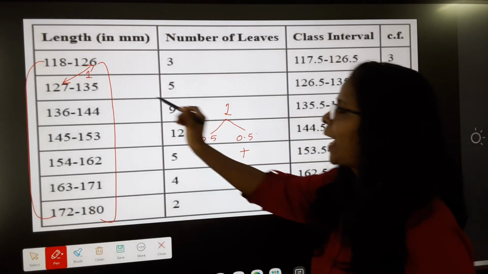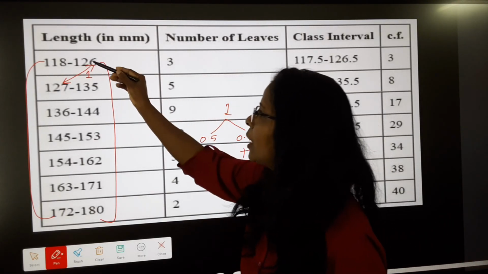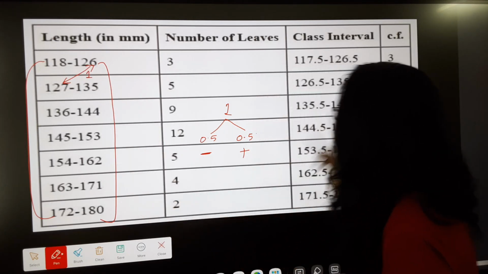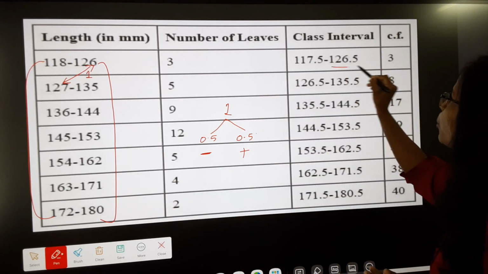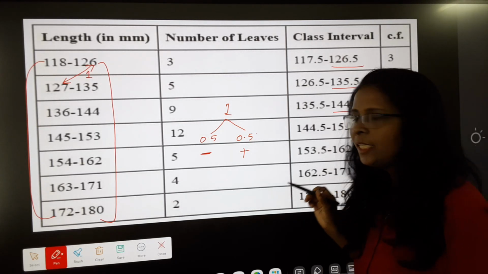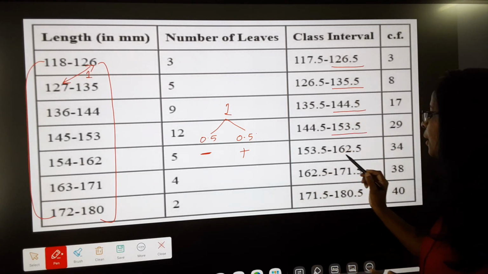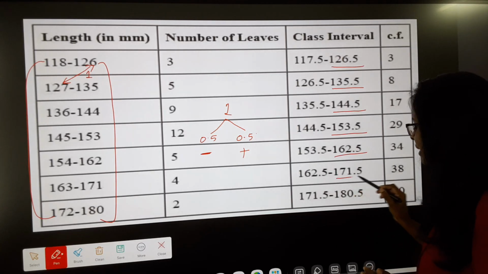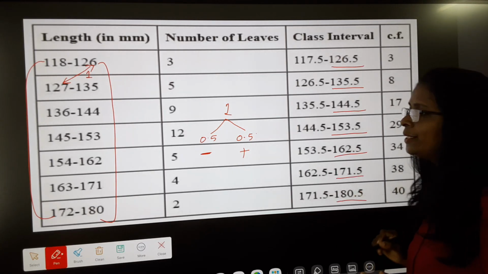So here I am adding 0.5 to the upper limit, and I get 126.5, then 135.5, 144.5, then students 153.5, 162.5, 171.5 and 180.5.